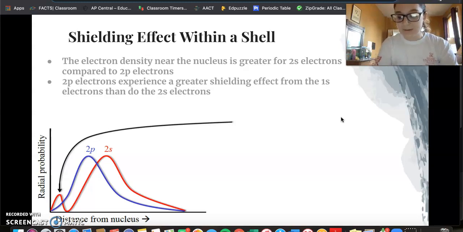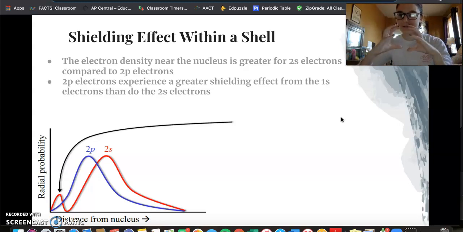But the electrons in 2s have a higher probability of spending more time in close proximity to the nucleus than those in 2p. So this is going back to that computer model. If you remember, it would plot where an electron could be 100% of the time and then 90% of the time, and that's where we get our quantum mechanical model.